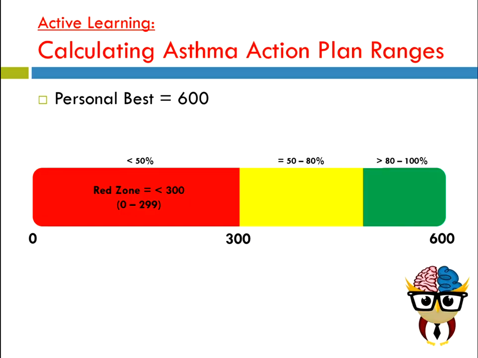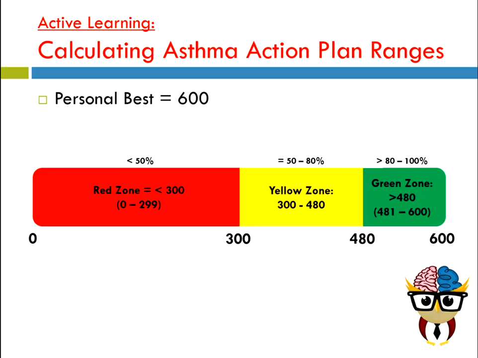Okay, so if this is less than 300 or 0 to 299, what is next? So Kingsley was correct. 480 is that 80% marker. So that means that green zone is greater than 480 or 481 to 600. Okay, is this math making sense? So by default, the yellow zone is 300 to 480.